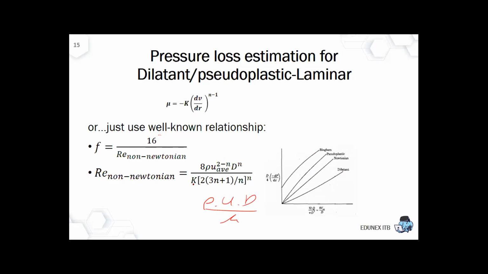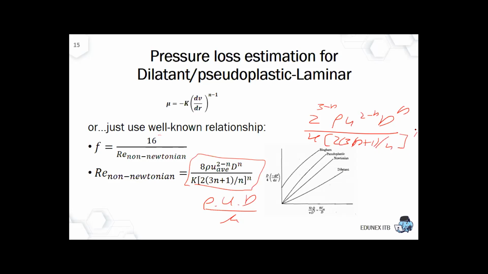Okay, so this is the Reynolds number of the non-Newtonian fluid. Sometimes people write it another way, like this, with 2 minus n. It's not quite different actually.